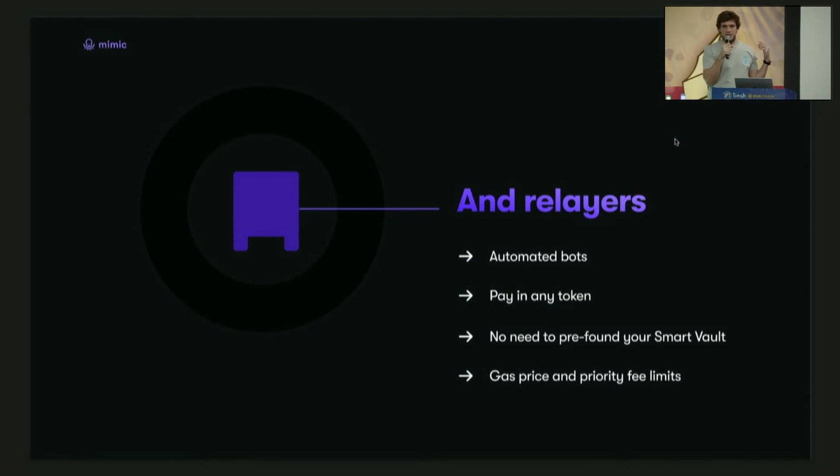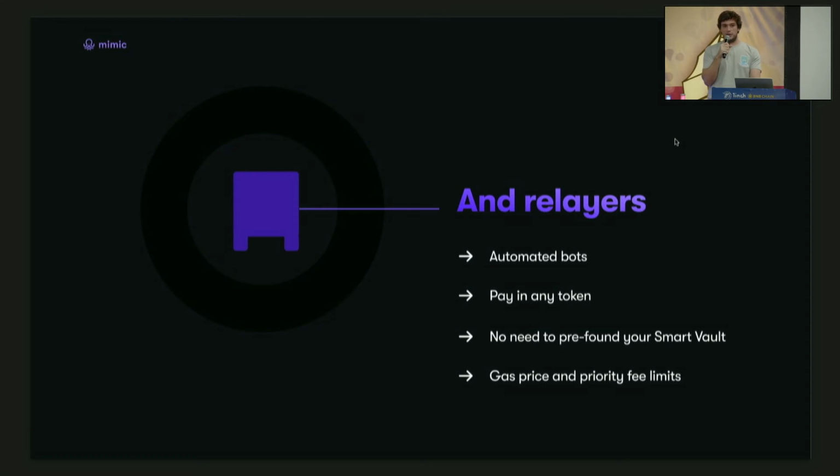Of course, I mentioned a few times that these operations can be automated, and we have what we call bots or relayers, which are going to be the ones in charge in case you would like to automate these operations. It's not mandatory. If you would like to operate your smart vault manually, you can do that. But if you want to automate to avoid performing recurring operations manually, you can specify some different parameters to make sure that your actions remain riskless, like gas limit, slippages, things that may depend on the network.